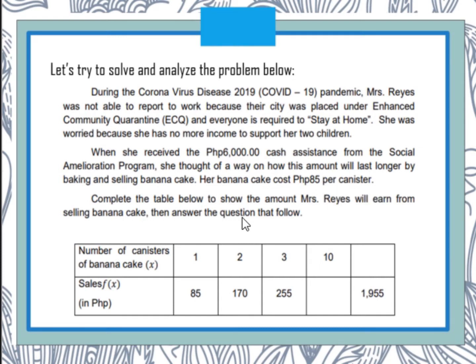Complete the table below to show the amount Mrs. Reyes will earn from selling banana cake. Then answer the questions that follow. For the number of canisters of banana cake, that will be our variable x. For the sales naman, that will be our function of x. The unit is in peso.